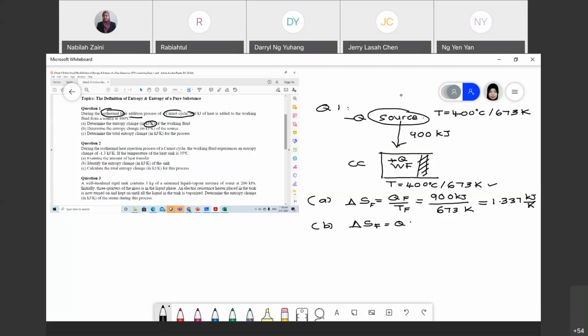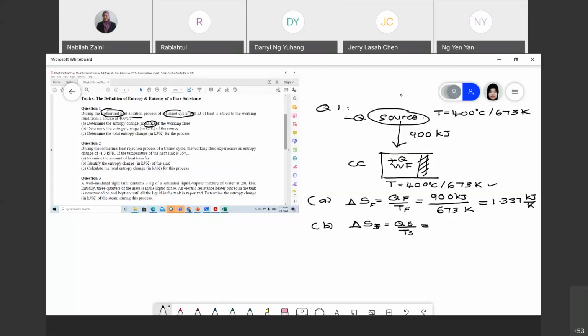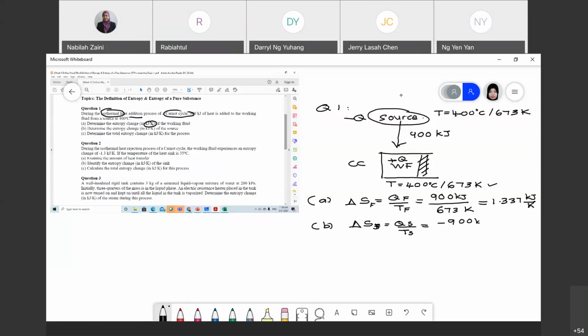This is not S fluid but S source: negative 900 kilojoule over 673 Kelvin. You may get the same value but a different sign, with the same unit. Is that clear, A and B? Yes.